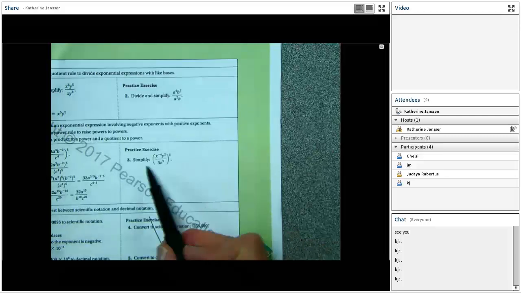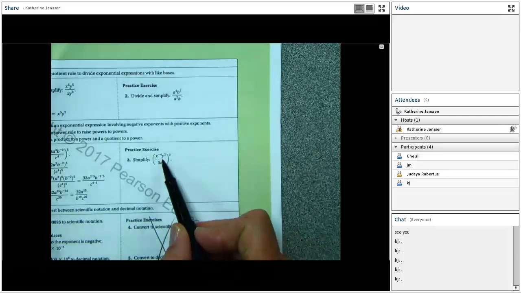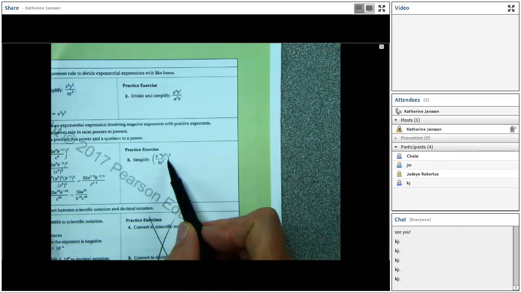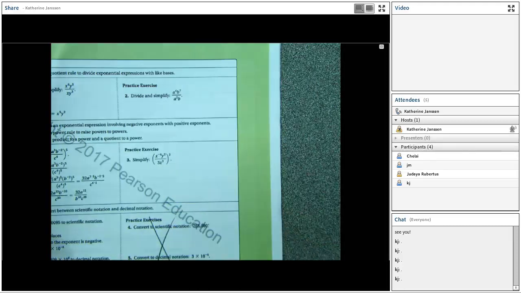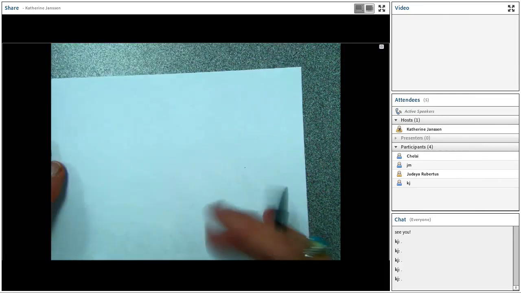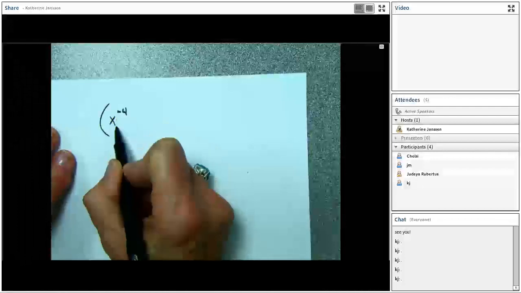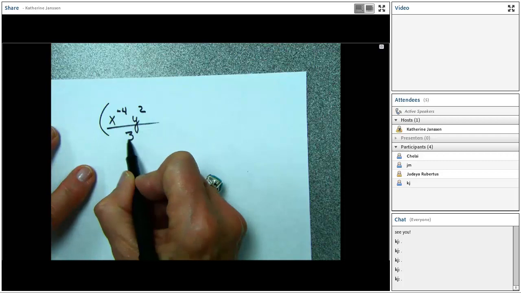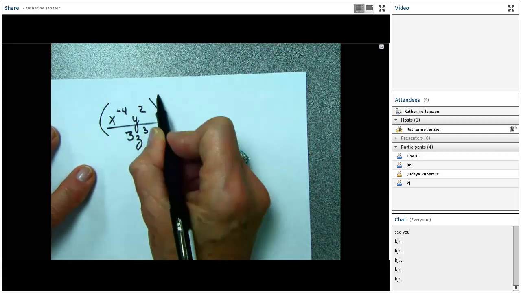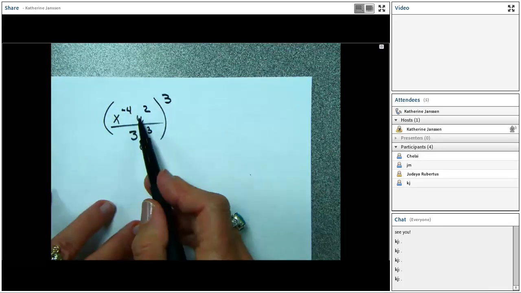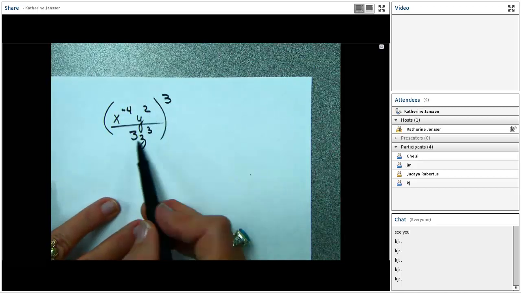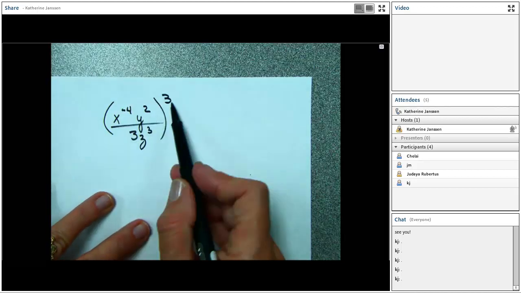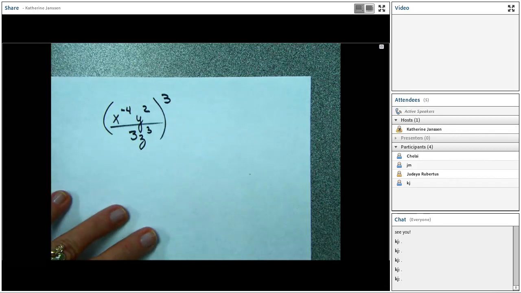We're supposed to simplify the quantity x to the negative 4th times y squared divided by 3z cubed, all raised to the 3rd power.